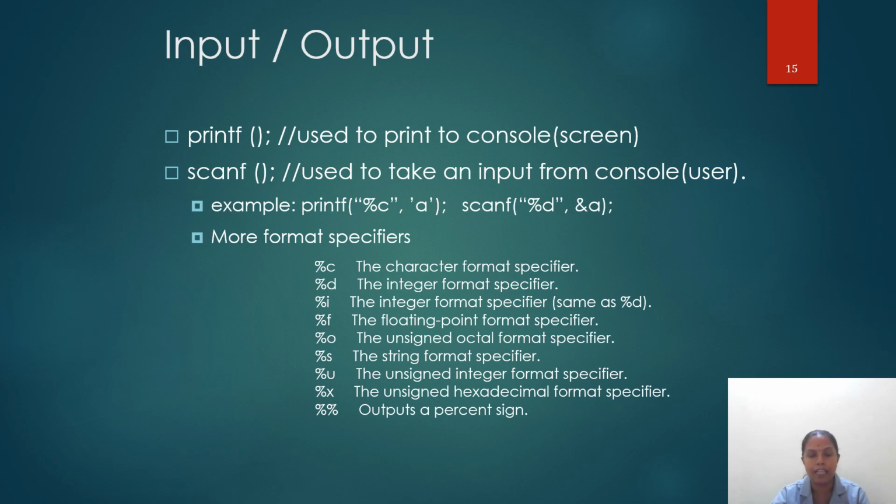Then we go to see the input and output operations. We already saw in the example programs that the input and output operations use printf and scanf. The printf is used to print on the screen and scanf is used to get input from the user, and also uses the ampersand symbol for the address of the variable.